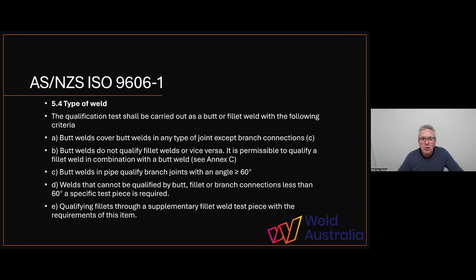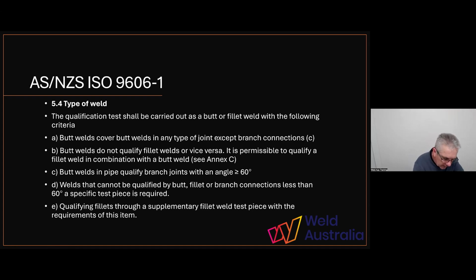B, butt welds do not comply fillet welds or vice versa. It is permissible to qualify fillet weld in a combination with a butt weld, see Appendix C. Now that's a particular joint configuration. It's an actual bevel plate with backing bar, 12 mil gap, and you've got a square edge plate at the bottom. And it's generally done, we'd often see that done in the PC position.